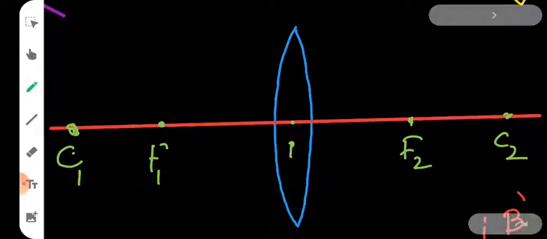See, C2, F2, F1, etc. should be placed symmetrically about the pole because you are studying a biconvex lens, and it's symmetric, for this particular case. Where is the object? We keep the object here.